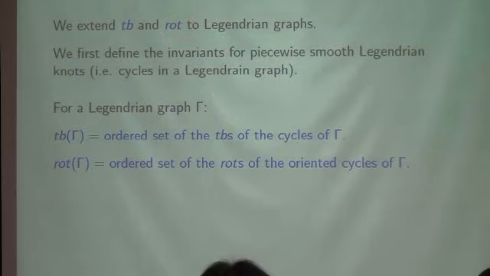You have to be a little bit more careful with working with something that's only piecewise smooth. Then, for the Legendrian graph, we define the Thurston-Bennequin number and the rotation number to just be the ordered set of the TB for the cycles. So you have a list. And the same for the rotation. It's the ordered set of the rotation numbers for the cycles. Okay.